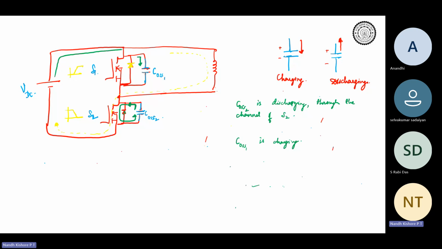From VDC, it would go like this, come like this, through COSS1, it would charge up COSS1 and then go like this through the device S2 and back to VDC. This is how COSS1 charges. So COSS1 is charging through the entire DC bus loop. Agree?